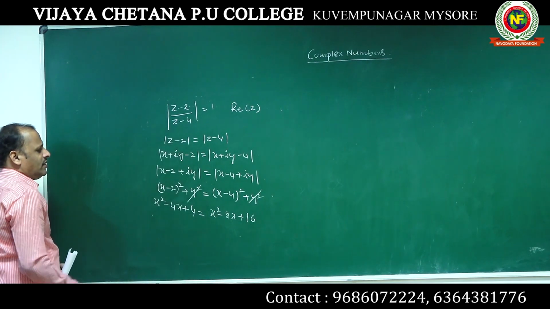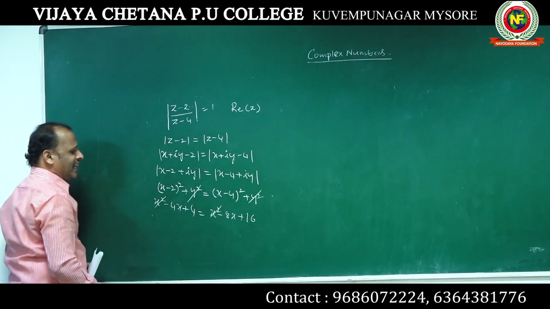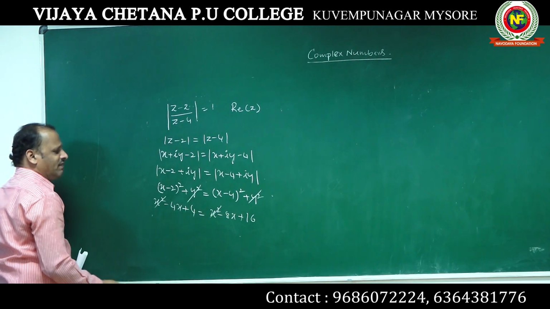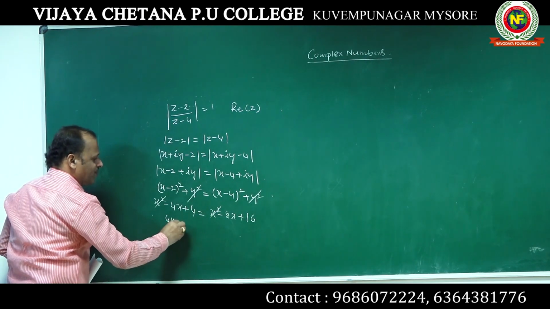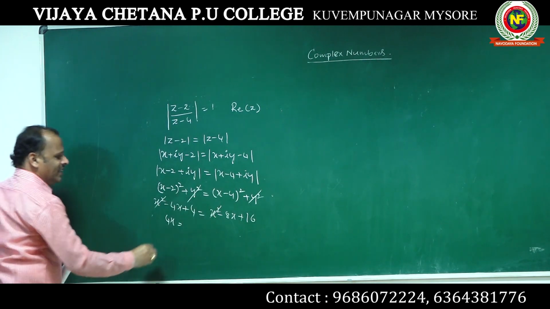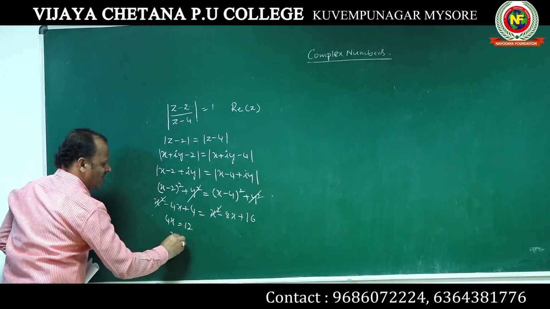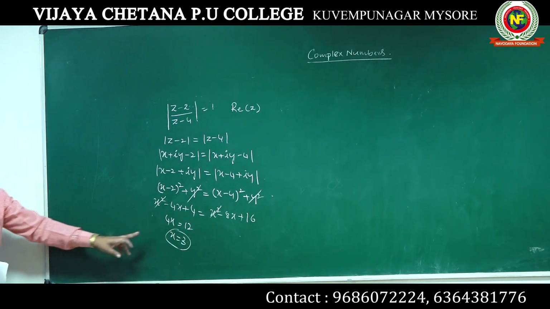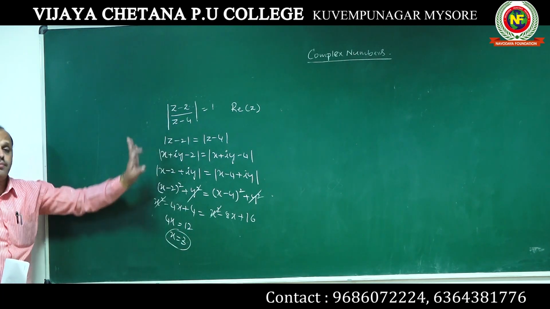The x square will cancel. Shift 8x to the left hand side, this is 4x. Shift 4 to that side, it is 12. So x equals 3. This is the real part of the complex number.